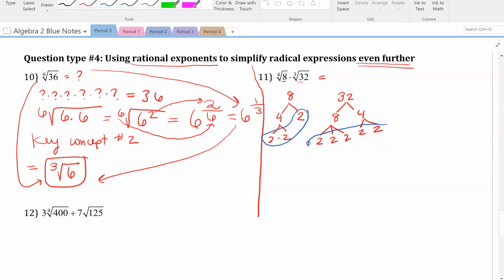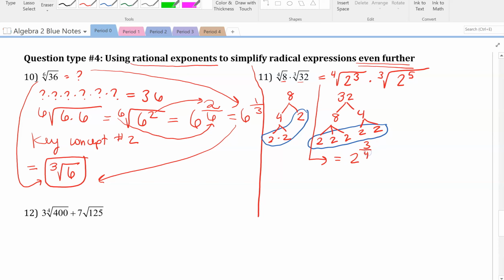So 32 is the 5th power of 2. I can't combine them because the index doesn't match, but I can now think of them as all having bases of 2. So this could be the 4th root of 2 cubed times the 3rd root of 2 to the 5th. And then I could convert them into rational exponents using key concept number 2.